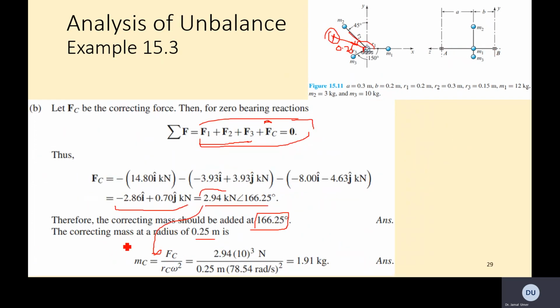This equation is rearranged and we can find the mass required: 1.91 kilogram. So FC is 2.94 times 10 raised to 3, divided by distance 0.25 and omega, which was evaluated in the very first step. That's the mass you determine.